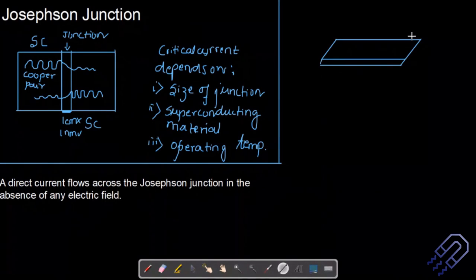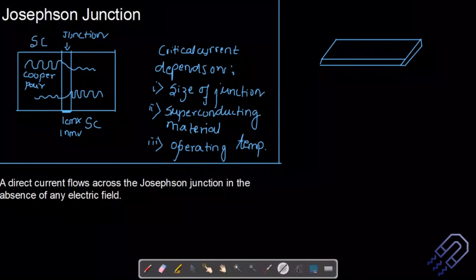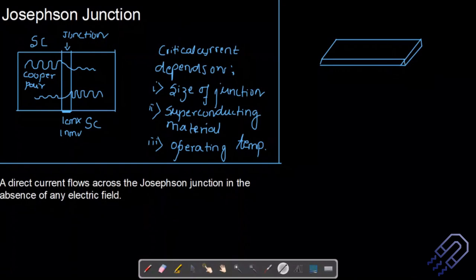So maybe this is a superconducting slab. So let's say this is basically a slab, a superconducting slab, and what I do is usually I will apply a potential across it.